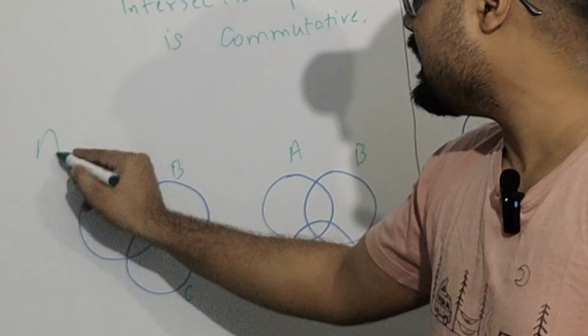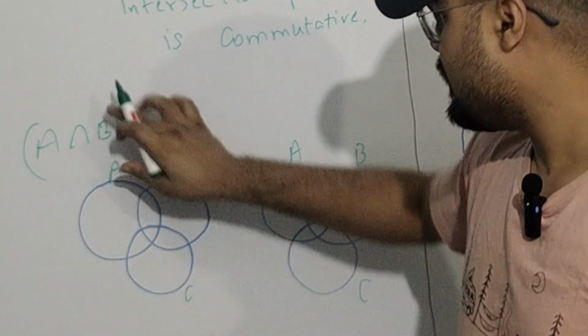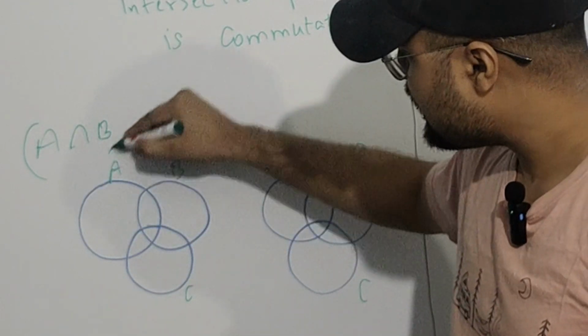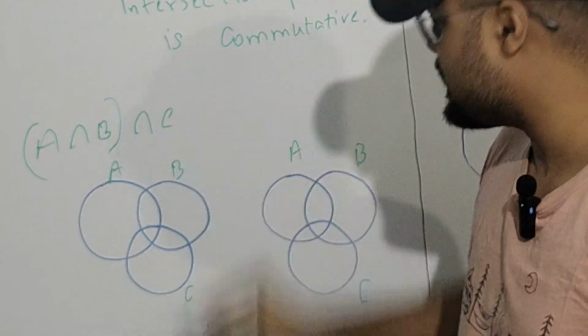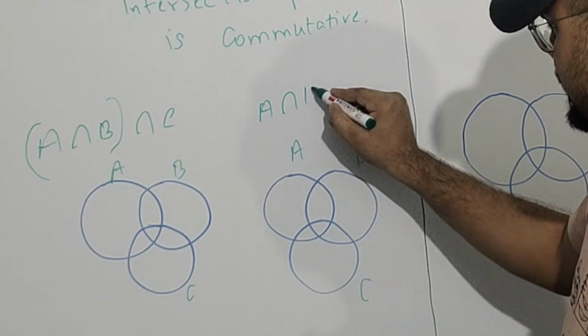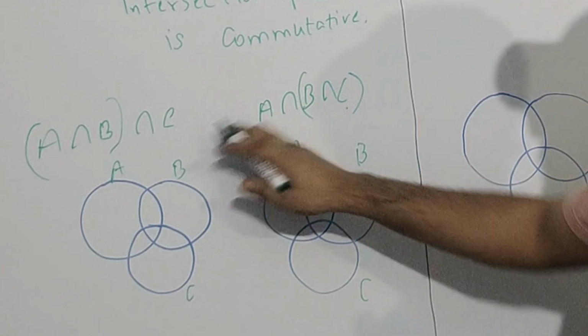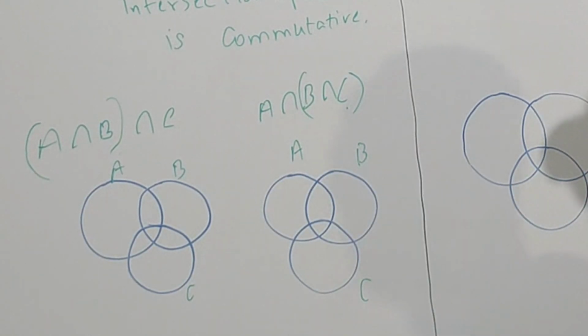On this side, I am doing A intersection B first, and with the result of it, performing intersection with C. On this side, first perform B intersection C, and then perform A intersection whatever the result is.